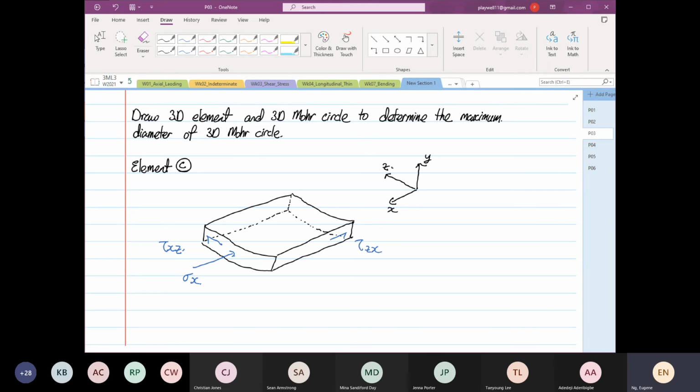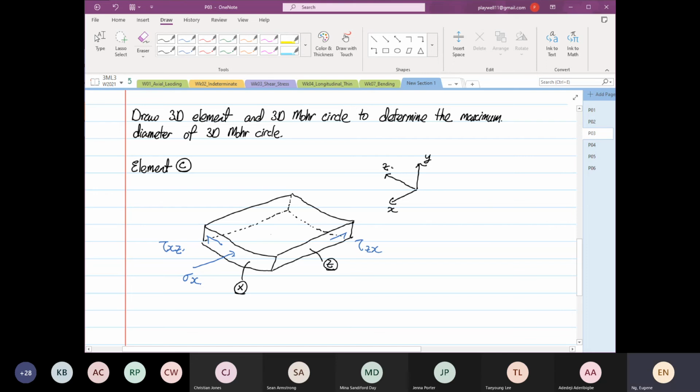Then now I'm going to label the 3D Mohr's circle point locations, okay? So this is my X. This will be my Z, right?